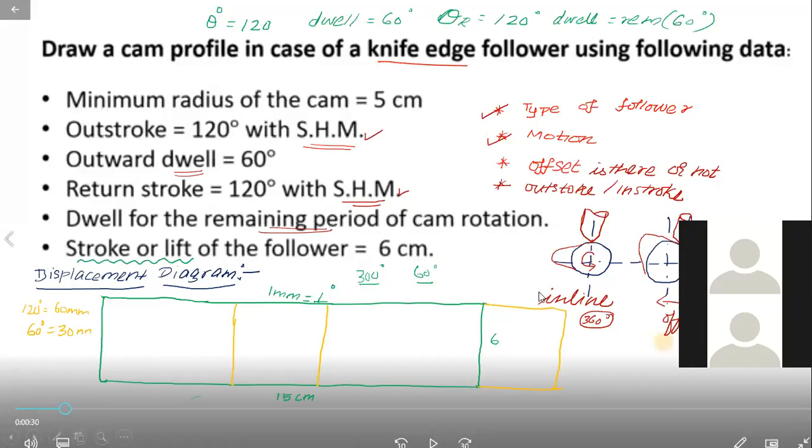Sriya. Sriya. You can show till what you have finished.